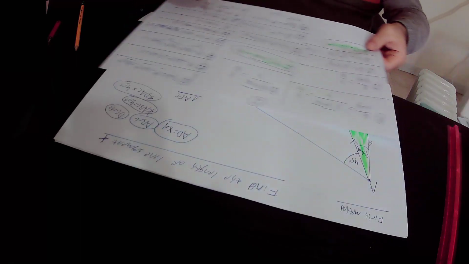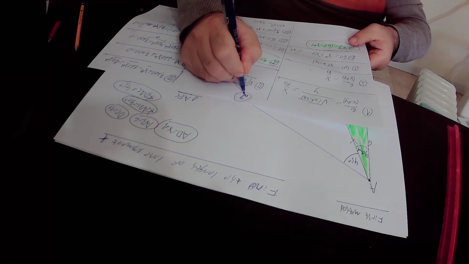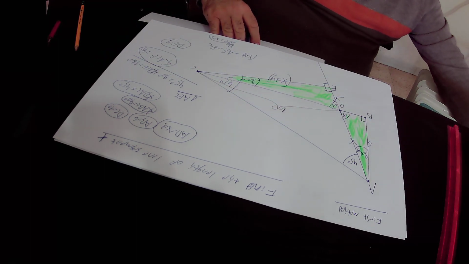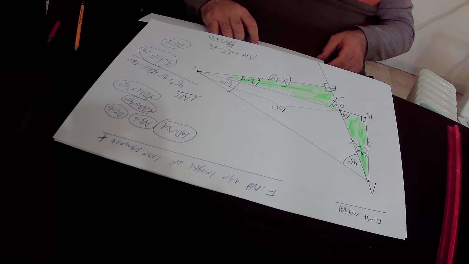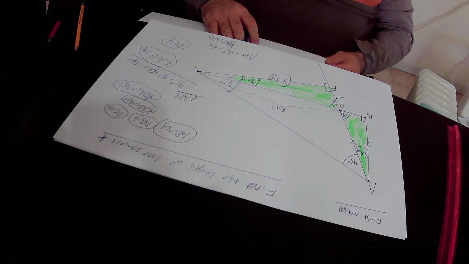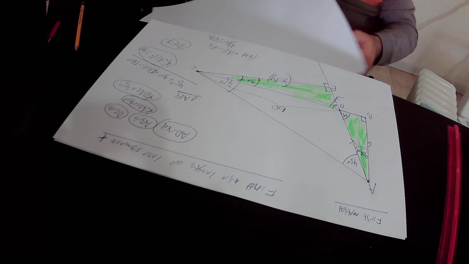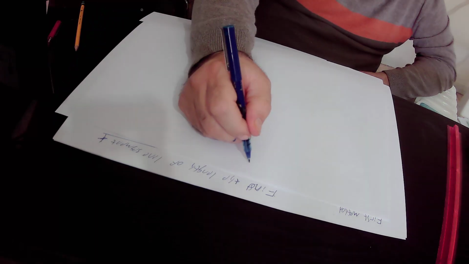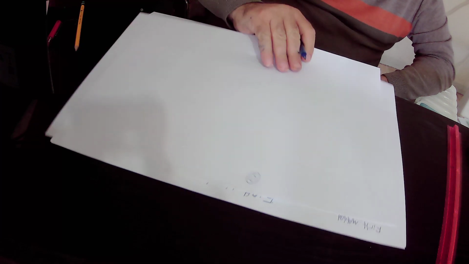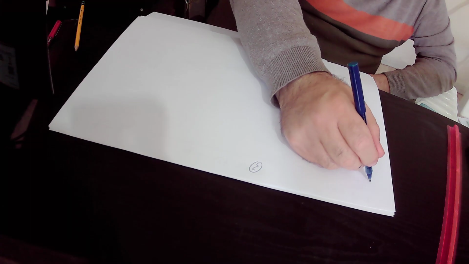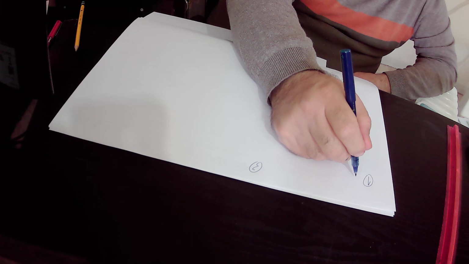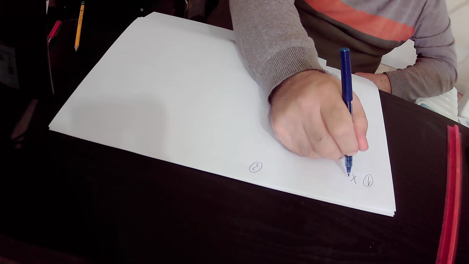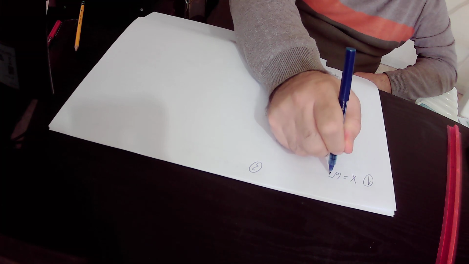I write it here. According to the first solution, we found out that x equals 6 times the square root of 5.